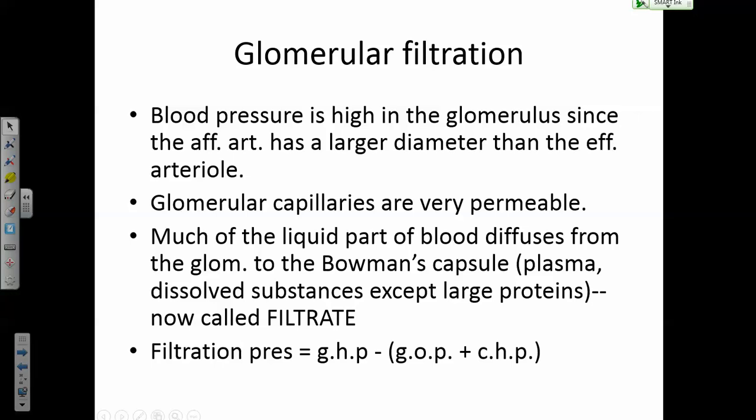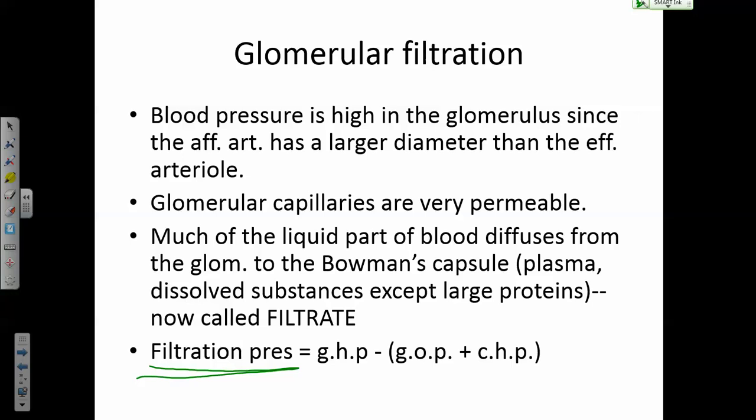All right, but there are 3 pressures that affect filtration. And here's where your study in the past of hydrostatic and osmotic pressure gets real, at the kidney. There are 3 pressures involved that determine the overall pressure called the filtration pressure, which is going to regulate how fast the filtration occurs.